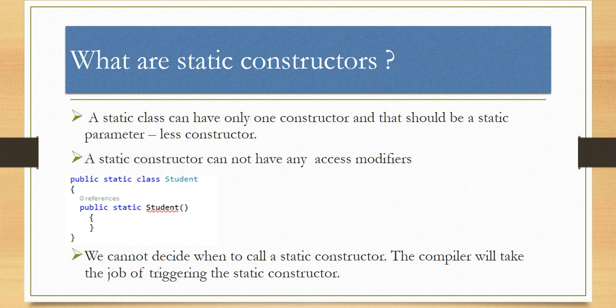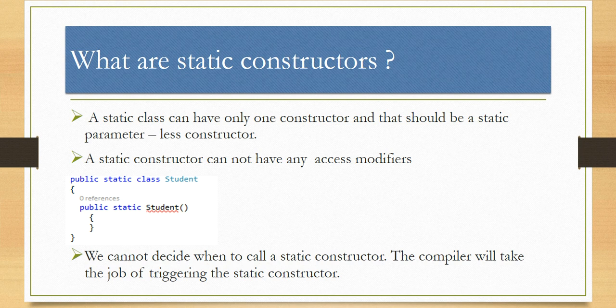So next we will talk more about what static constructors are. A static class can only have one constructor, and that should be a static parameterless constructor. Of course, a static constructor should not have any access modifiers.